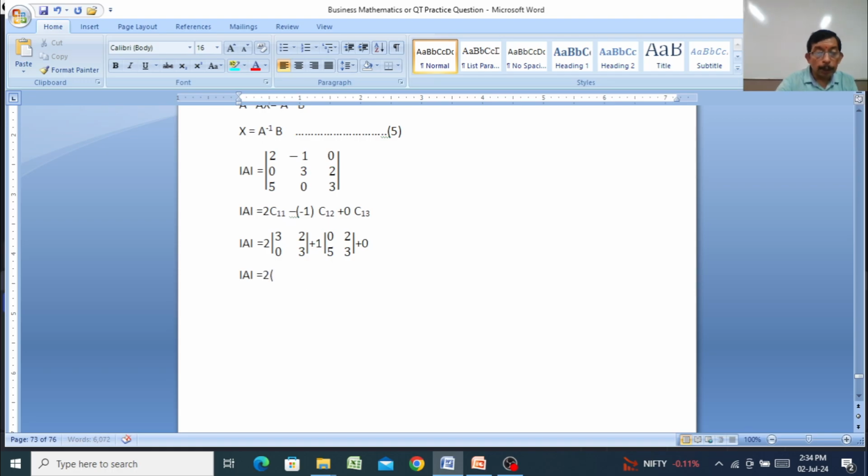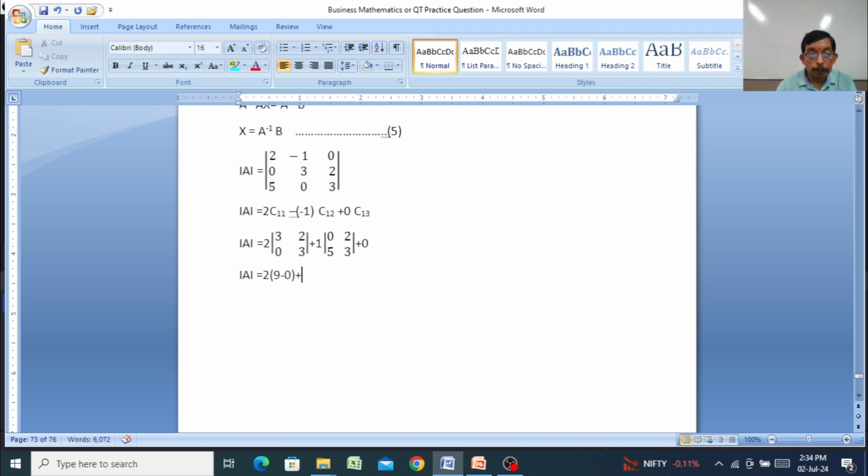Two multiplied by the bracket, the value of the 2 by 2 order determinant is the difference of the cross multiplication of its elements. The first diagonal elements are 3 and 3, the multiplication is 9, note down 9. The second diagonal elements are 0 and 2, their multiplication is 0, note down minus 0.